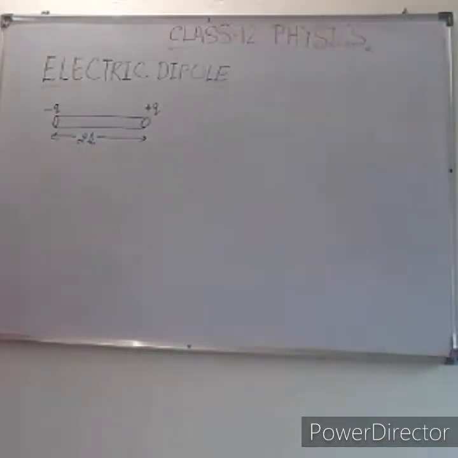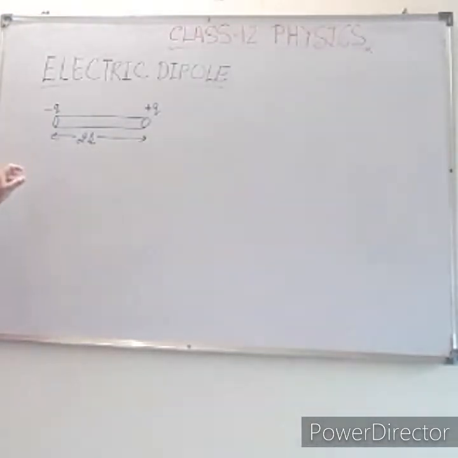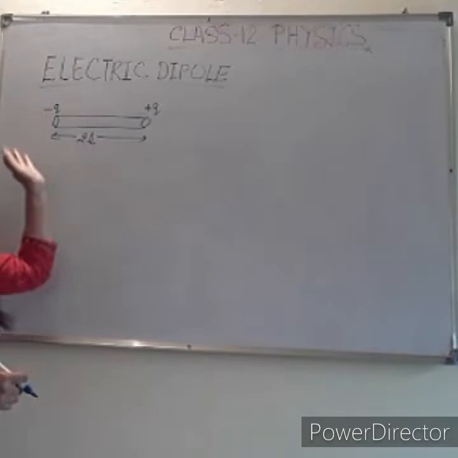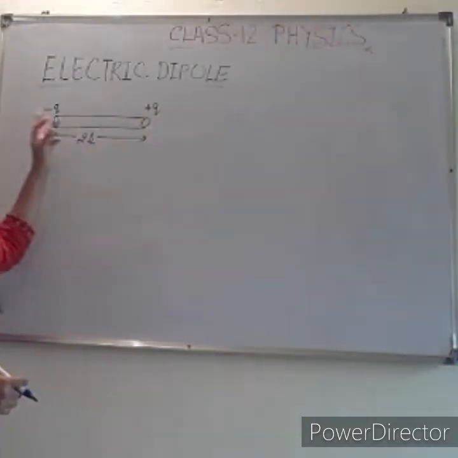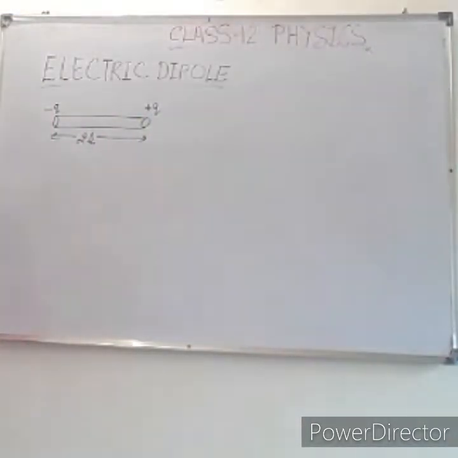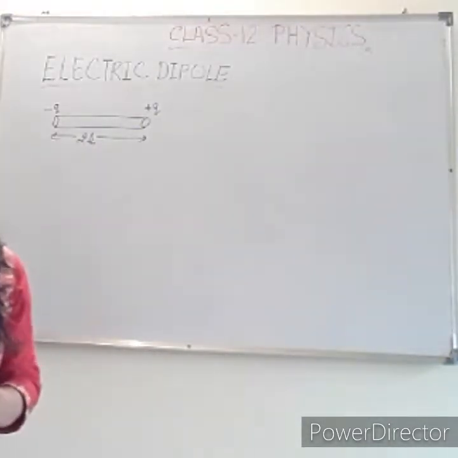First of all, the two charges you can see in the figure are equal and opposite. The magnitudes of the charges are equal, but the signs of these charges are opposite. This kind of system is called an electric dipole.